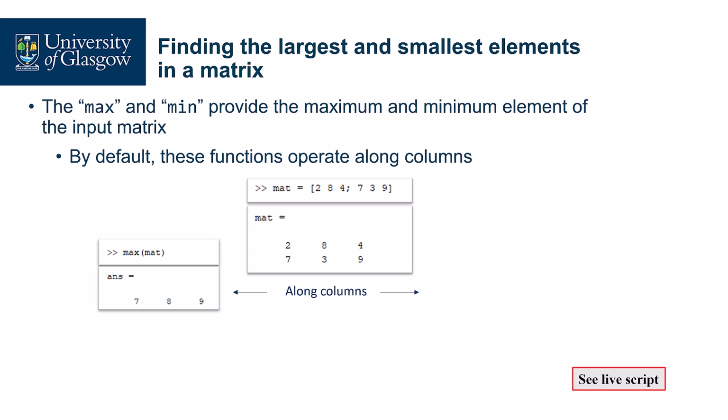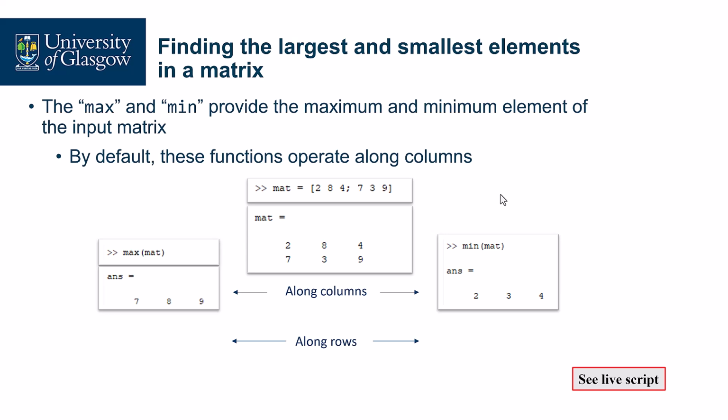So often one column or one row we can think of as a data sample. That's why we want to do it column-wise or row-wise, right? Similarly, you can see what will happen if we use min. You can see it yourself.